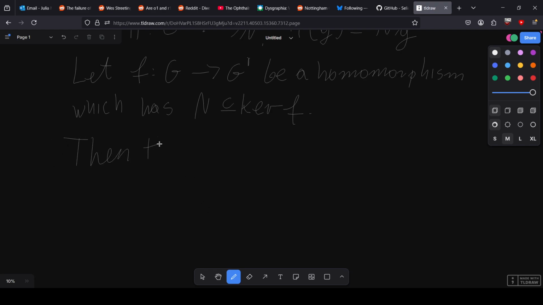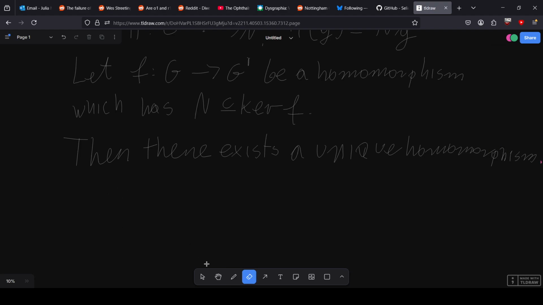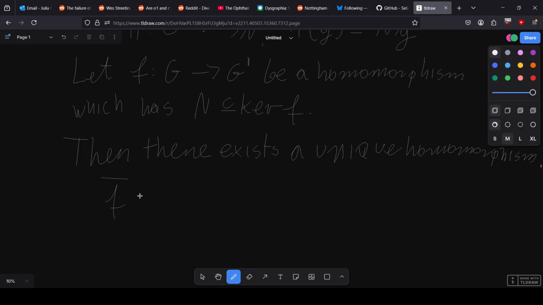Then there exists a unique homomorphism, here denoted f bar, which is from G quotient N into G prime, such that f bar of pi is equal to f.